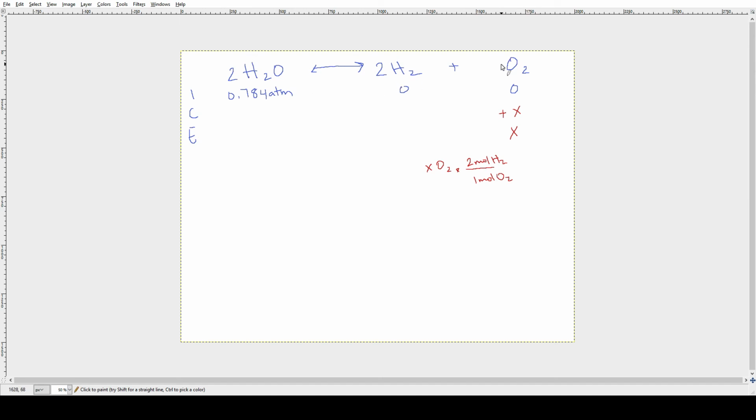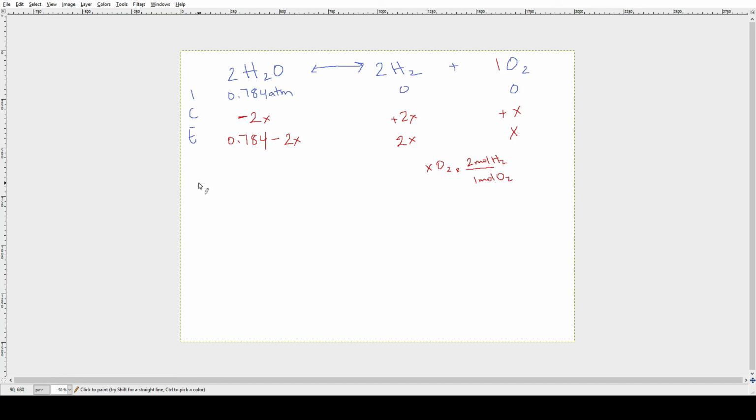Both of them are 2. So I need to multiply this times 2, so I'll end up with 2x. And over here, again, it's 2x, but since it's a reactant, it's minus 2x, which means I'm going to have 0.784 minus 2x. Okay, starting to look a little messy, but we'll go with it.